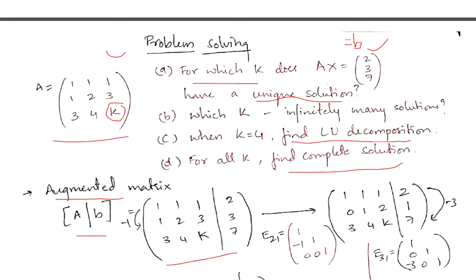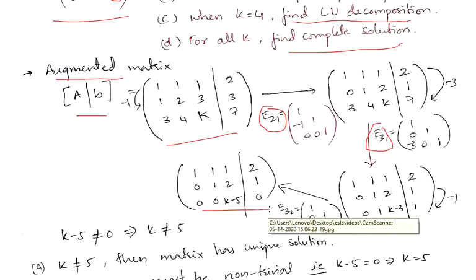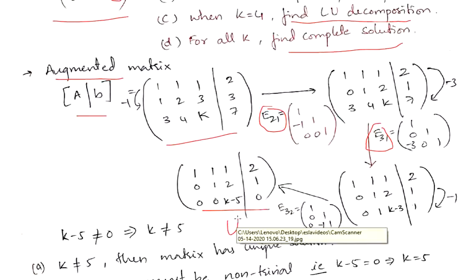Then we follow the usual LU decomposition procedure: we find the elimination matrices, and the final matrix we get is the upper triangular matrix, this is U. We multiply row 1 by -1 and add it to row 2, considering this as the pivot element.